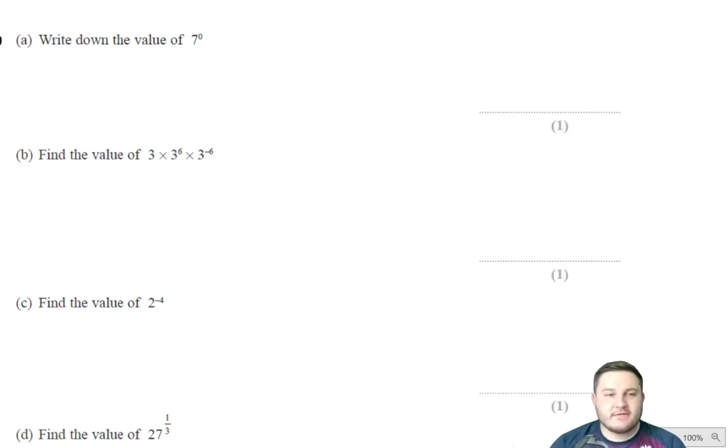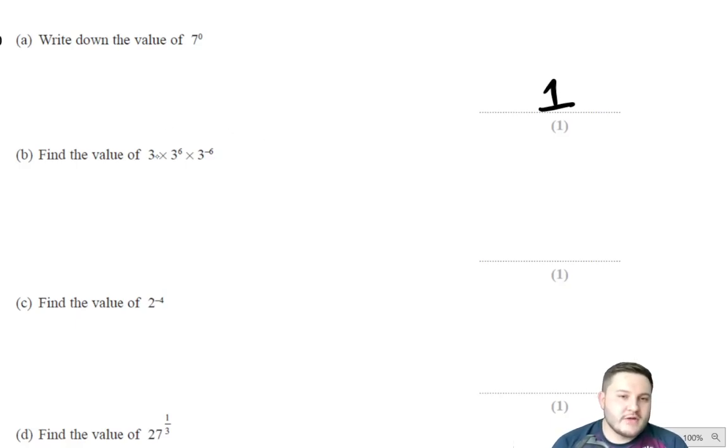So hopefully you've had time to have a go at these, and let's go through some of them. Write down the value of 7 to the power 0. Again, anything to the power of 0 is 1, so that's just going to be 1. Find the value of 3 to the power 3 times 3 to the power 6 times 3 to the power negative 6. Well, when you multiply, as long as you've got the same base number, you add the powers.